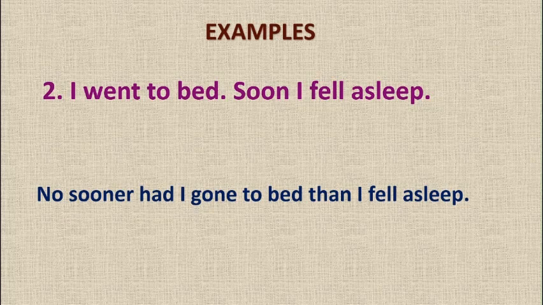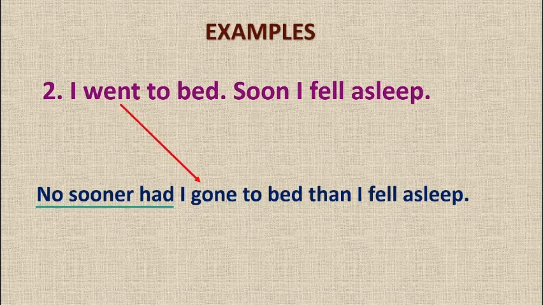Let us see what changes we made. We wrote no sooner had before the earlier action. Then since went is V2, we wrote gone in place of went. So gone is V3 of went.